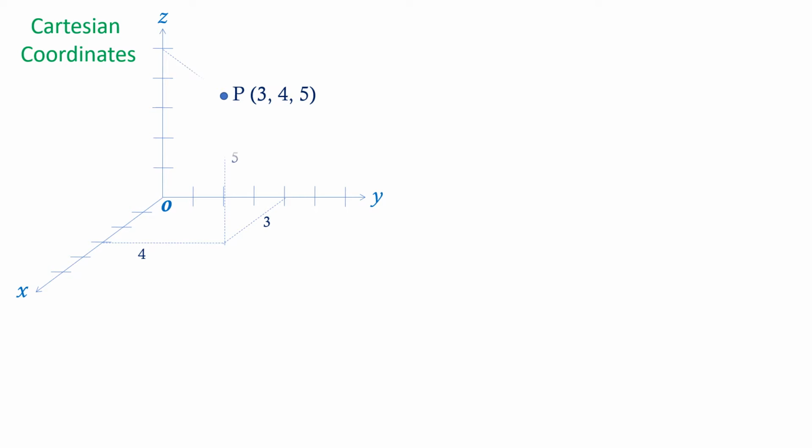We speak about the Cartesian coordinates in the three-dimensional axis. We have the x-axis, y-axis, z-axis. Let us have a point P with coordinates 3, 4, 5. The point P is 3 units along the x-axis, 4 units along the y-axis, and 5 units along the z-axis.